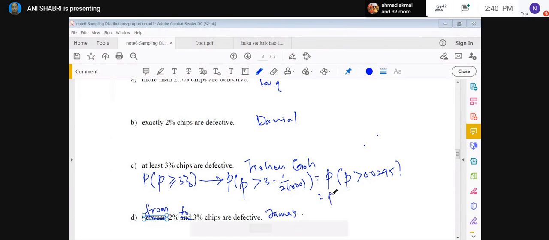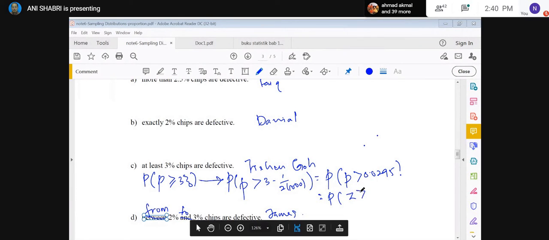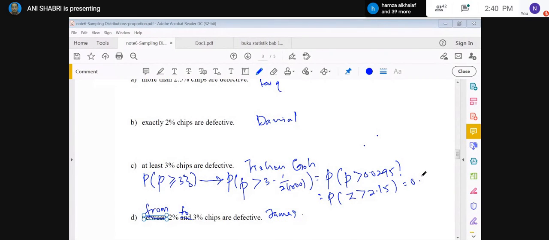It is equal P Z greater than 2.15. It is equal 0.108. Okay, this one.